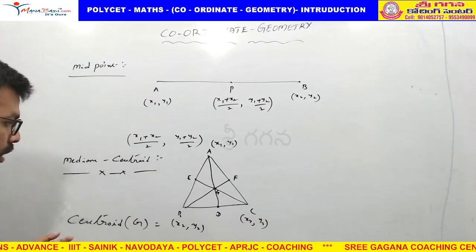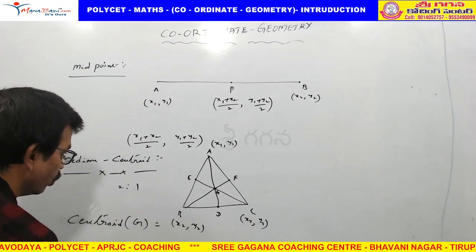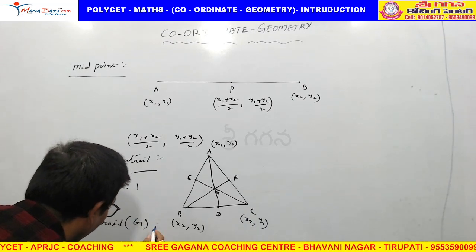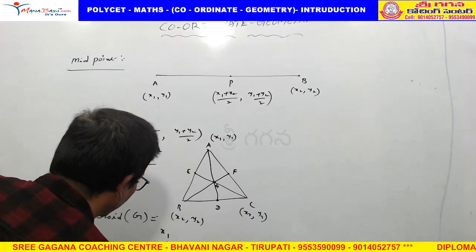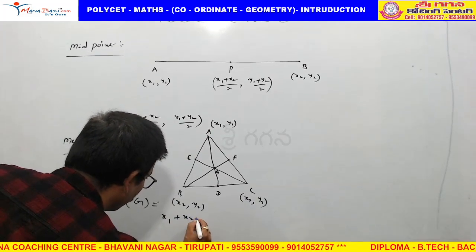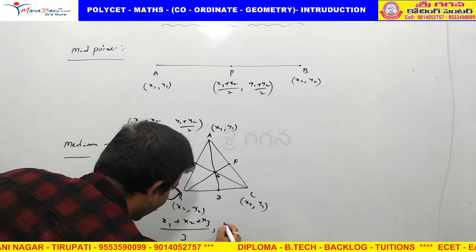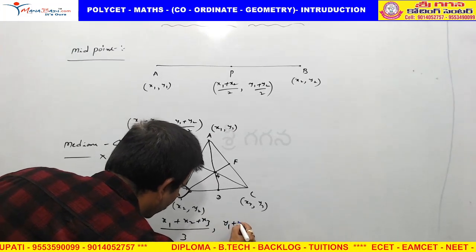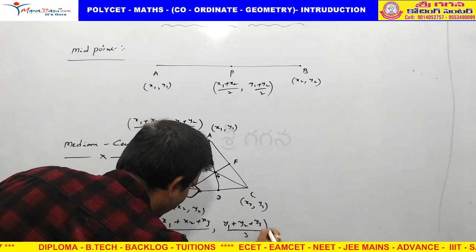Always the 2:1 ratio will come. So then how to write? The x coordinates you have to write first: x1 plus x2 plus x3 by 3. Then the y coordinates: y1 plus y2 plus y3 by 3.